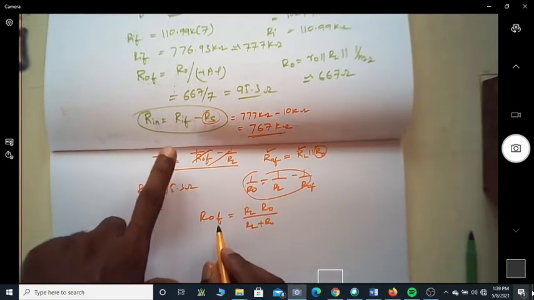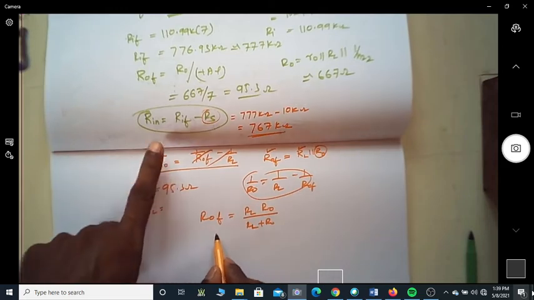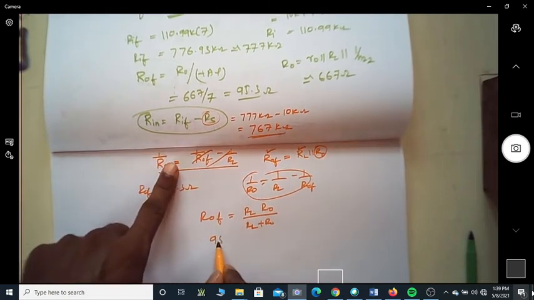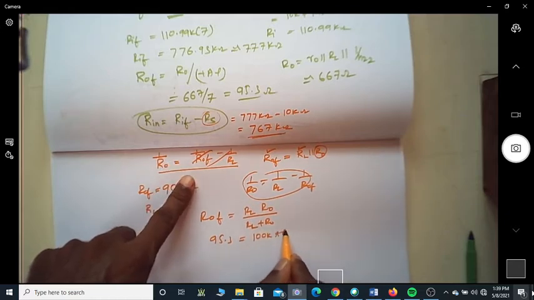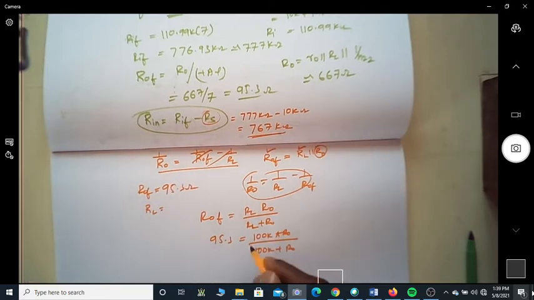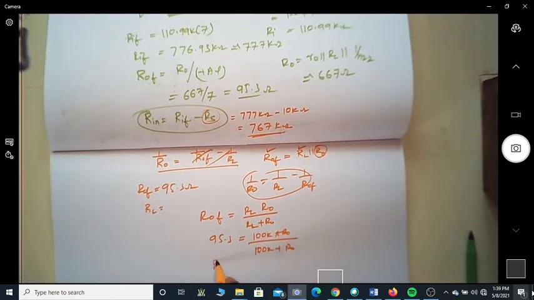So ROF is 95.3, equal to RL, which is 100K, multiplied by R naught by 100K plus R naught. If you look for the value of R naught here, R naught comes out to be close to 100 ohms.